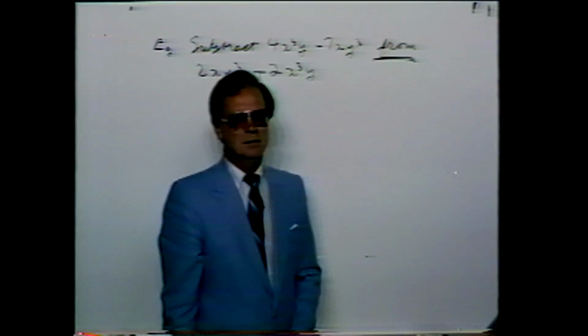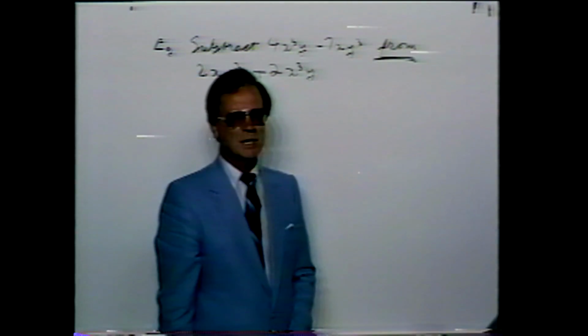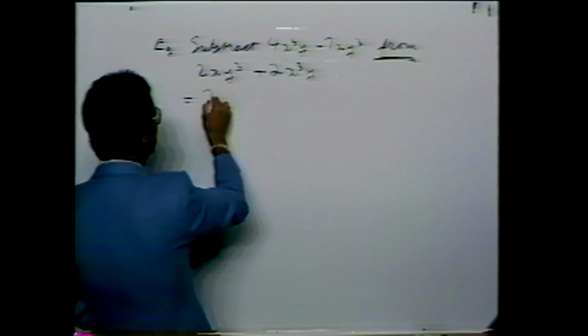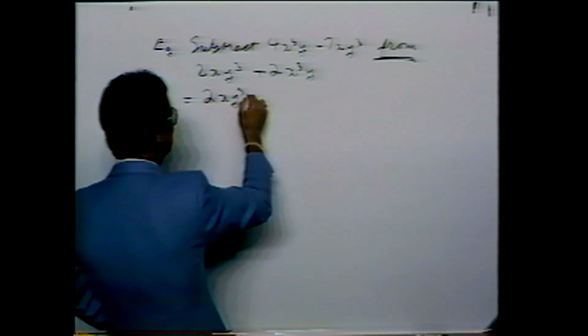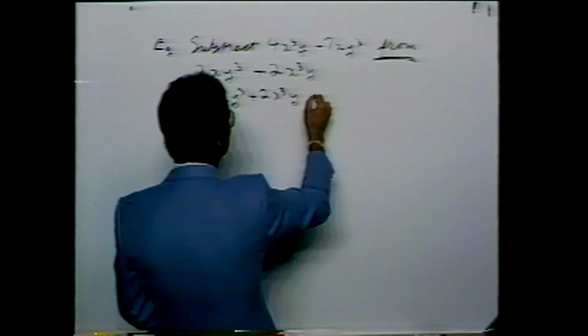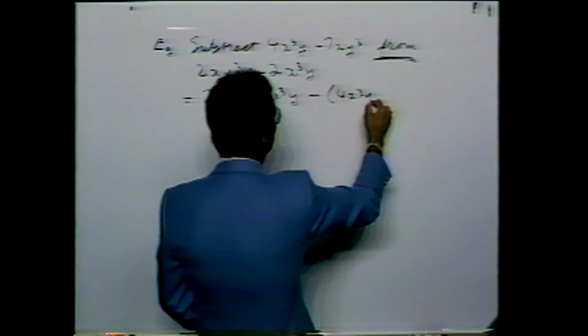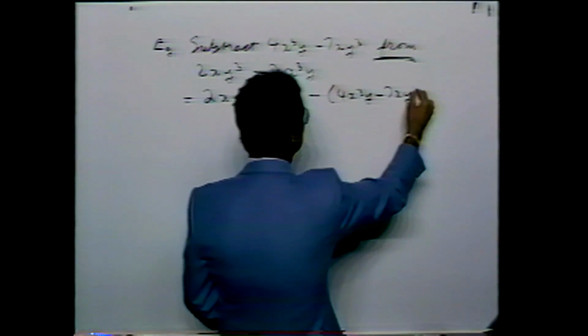You must write the two expressions in the correct order to avoid mistakes. Then you have to write 2xy cubed plus 2x cubed y first, and then subtract 4x cubed y minus 7xy cubed.